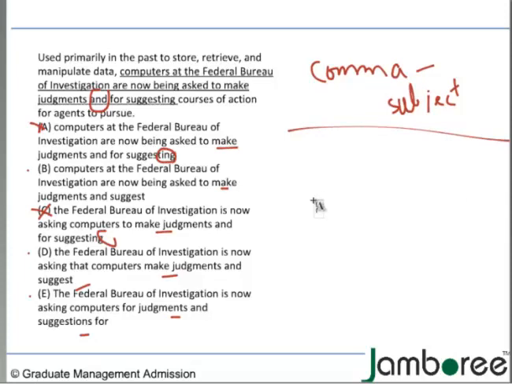Everybody able to see the question? Everybody is able to hear me? So I am talking about our 3 sentences.